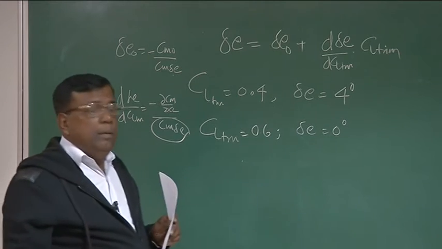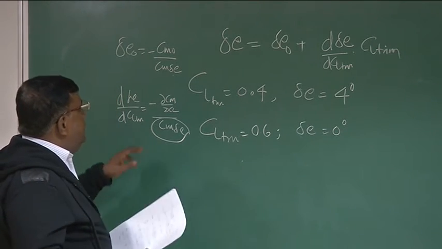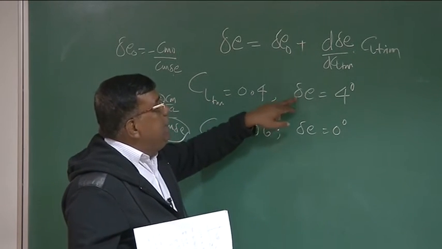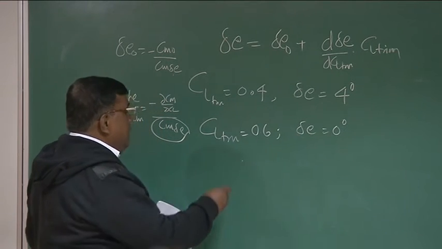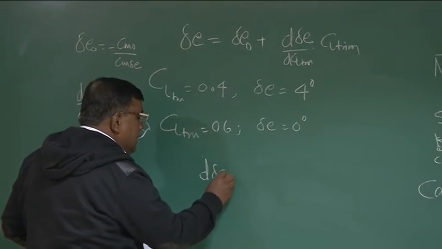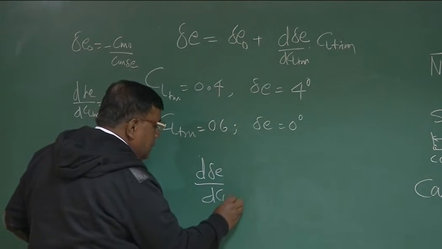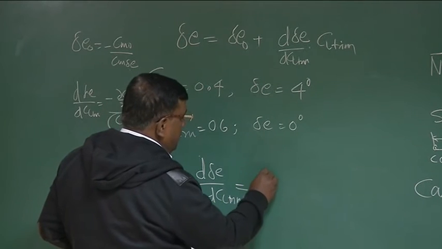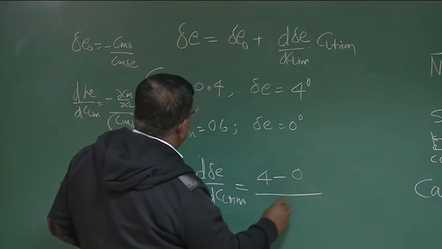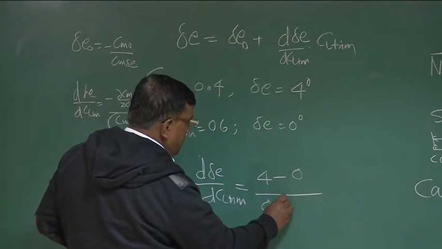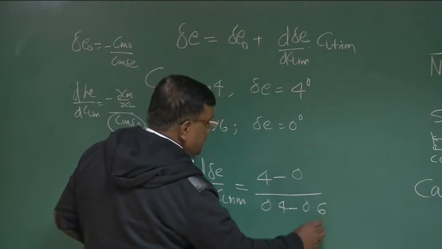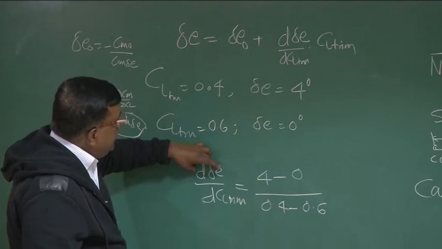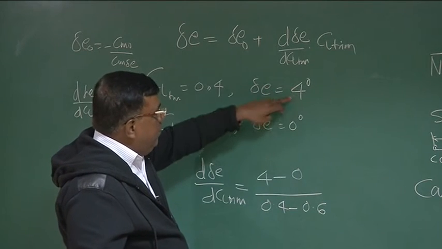But what information have I got? You can see CL trim 0.4, CL trim 0.6, and the corresponding delta E's are given. That means I have been supplied with d delta E by dCL trim. It is 4 minus 0 by 0.4 minus 0.6. What is the d delta E? Delta E changed from 4 degree to 0, so 4 minus 0 here.